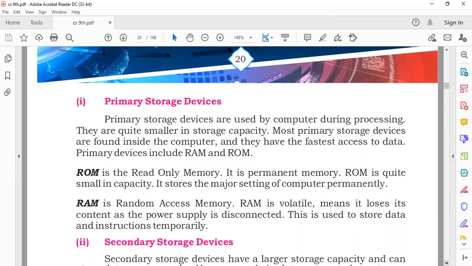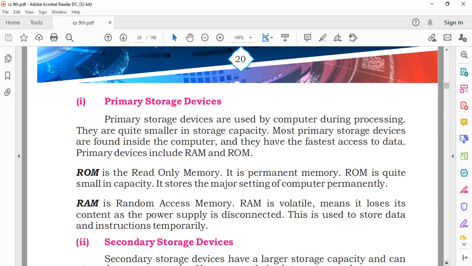So why do we need to study primary storage? A primary storage device is a medium that holds your memory for a short period of time, just temporarily, while the computer is still running.